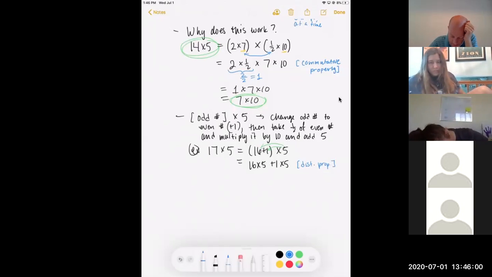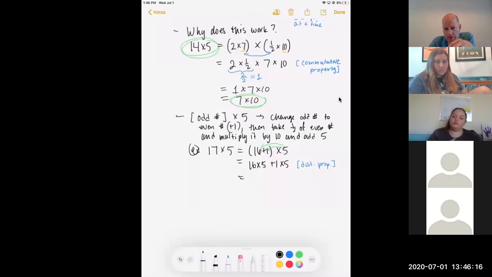Okay, great. Now the distributive property really helps us in mental math as well to break up the numbers into easier pieces, easier parts, easier numbers. Now the 16 times 5, I'm going to do my trick. What was the answer of 16 times 5 if you use the times 10 trick? Half the number times 10.